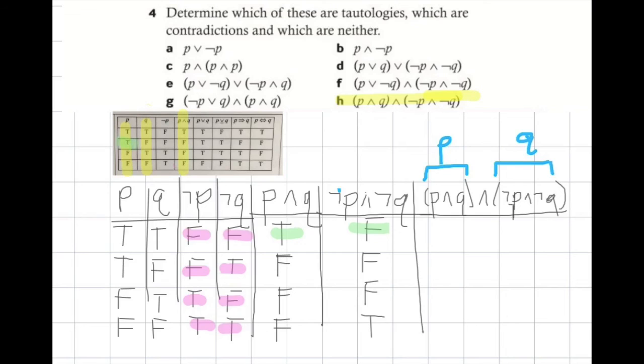So true, false should be false, sorry. False, false is false. False, false again is false. And false, true is false. So we ended up with a whole column of false.